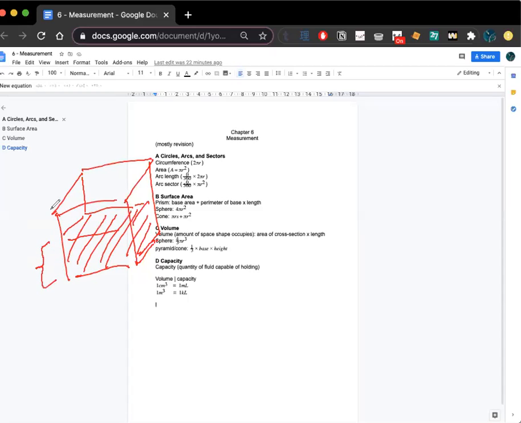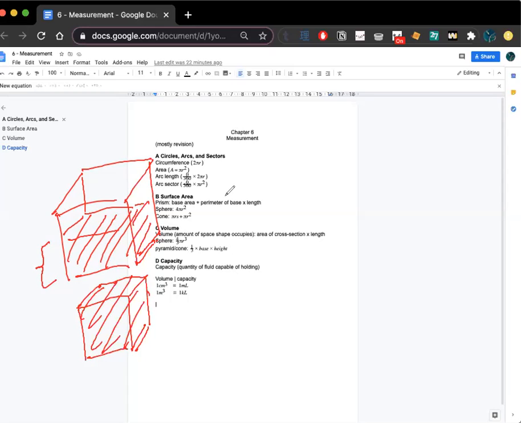Because if you do, then most likely they ask you to look for the volume of the entire thing, or they would probably ask you to look for the volume of the liquid, which doesn't fill up the entire capacity or the entire shape itself. There are also differences in terms of units.